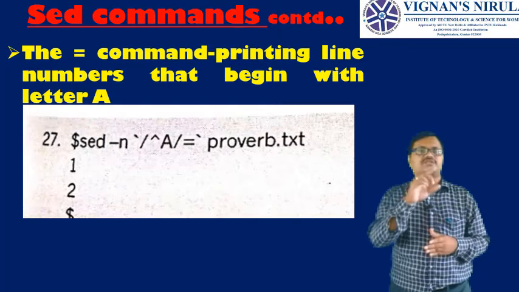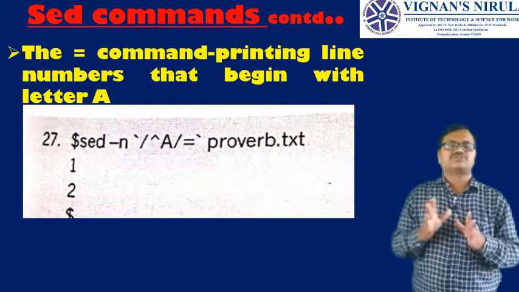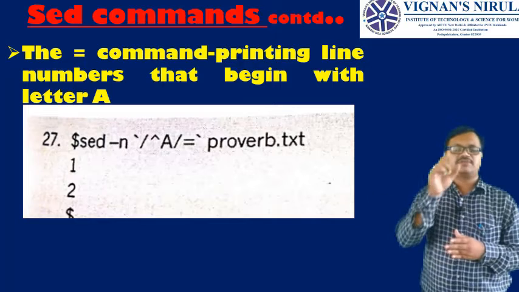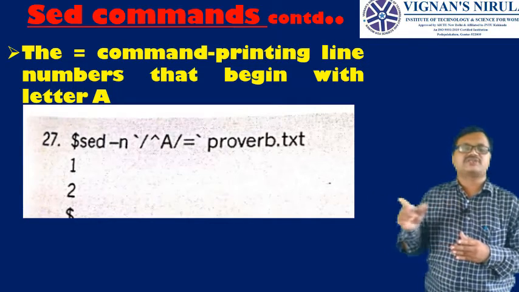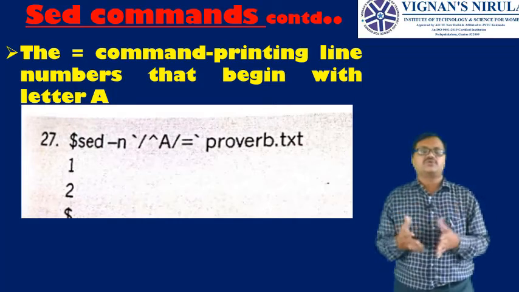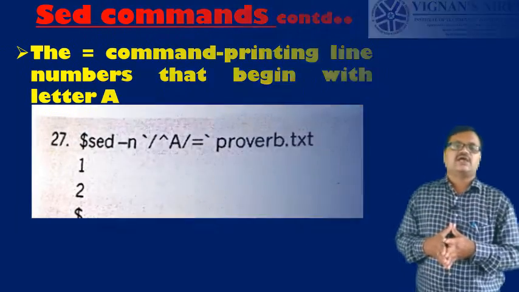That means only the line numbers 1 and 2 will be displayed, because the first line contains a friend in need is a friend in need, that starts with A, and all that glitters is not gold starts with A. So in this way you can do using SCD also.